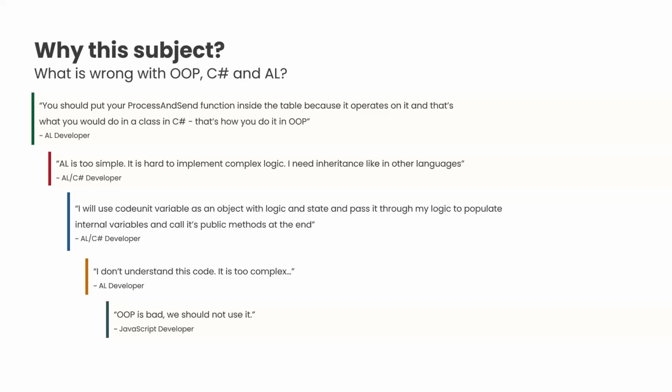I will pass it through all my logic in the application, populate the values in different places, and then at the end I will call these public methods on this class, this codeunit. But then you have AL developers. They will look at this solution and say, "I don't understand this code. It's too complex for me. I cannot work with it."